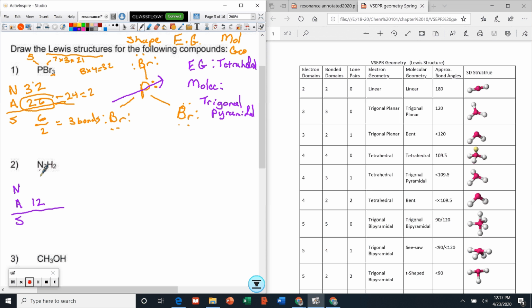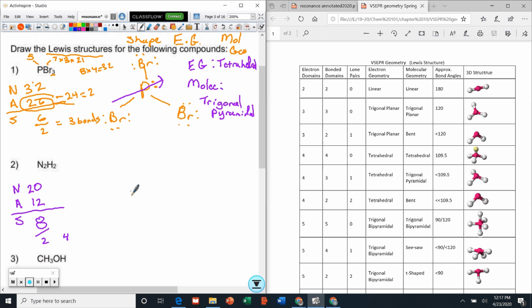Available, each nitrogen needs 8 to be full. So that's 16. Each hydrogen needs 2 to be full. So that's 4. So 16 plus 4 gives us 20. And so that means we have 8 electrons that are going to be shared. All right, if we divide that by 2 to get our number of bonds, it means we have 4 bonds.